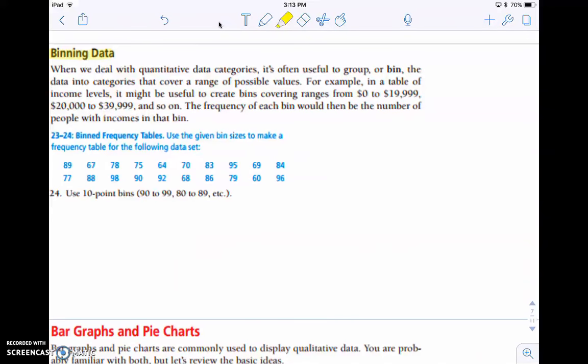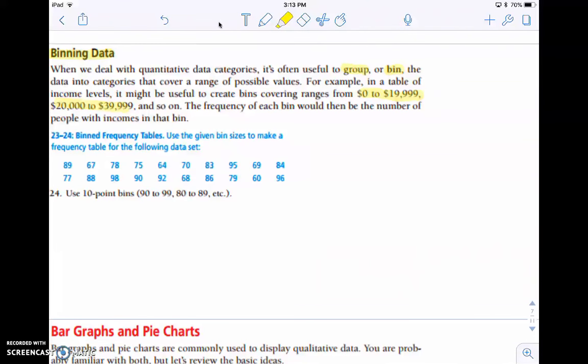When you deal with quantitative data categories, it's often useful to group into classes or bin the data into categories that cover a range of possible values. For example, if you're looking at a table of income levels, it might be useful to create bins covering 0 to 19,999, 20 to 39,999, and so on, rather than trying to have one frequency for every possible income.